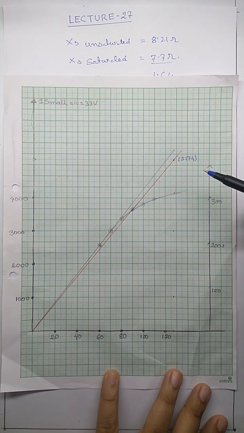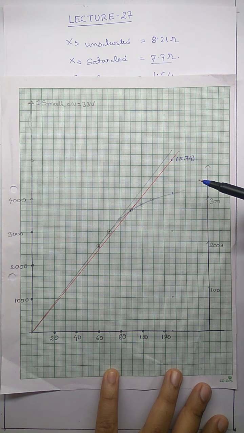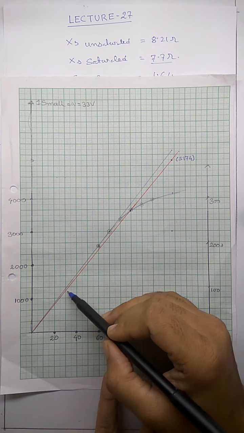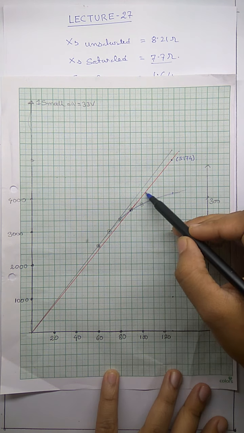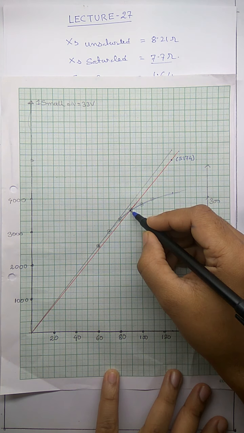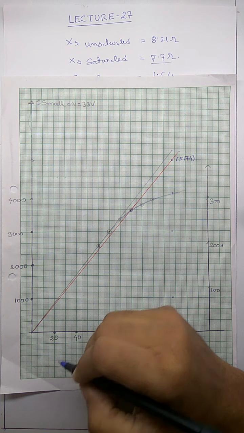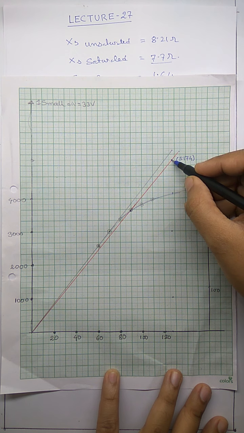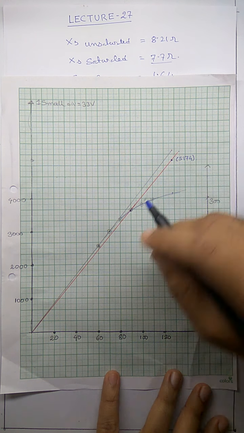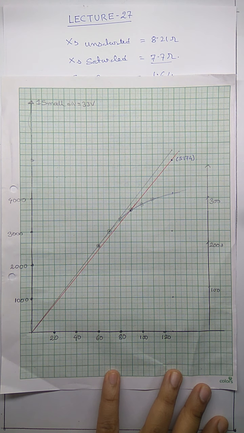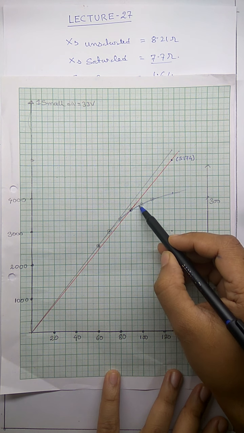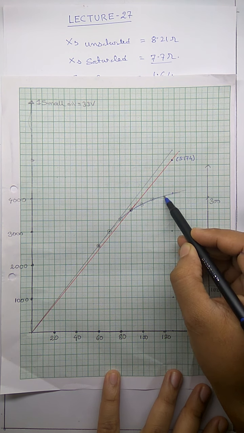So if we assume that X_S is constant at 7.7 ohms, we are assuming the characteristics of the machine to be along the red line. This is my terminal voltage, and as per our calculation, this is the no load voltage. Now the actual characteristics of the machine are not like this, but are along this line. This is the actual characteristics of the machine.